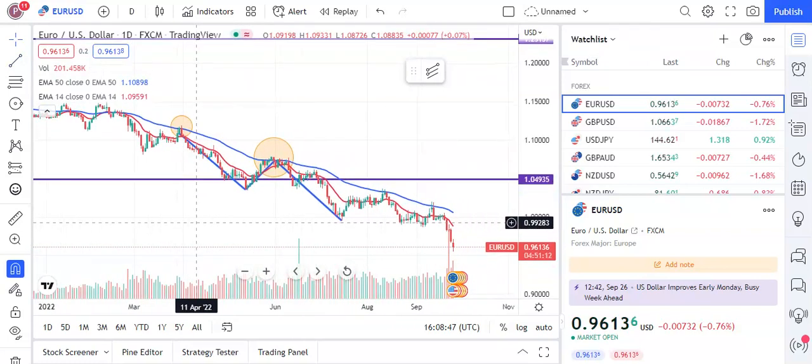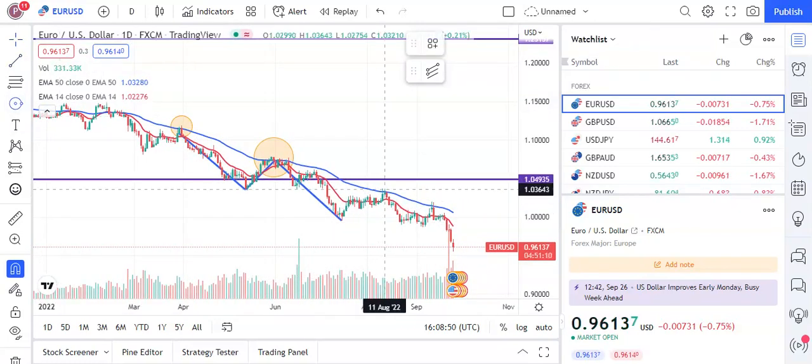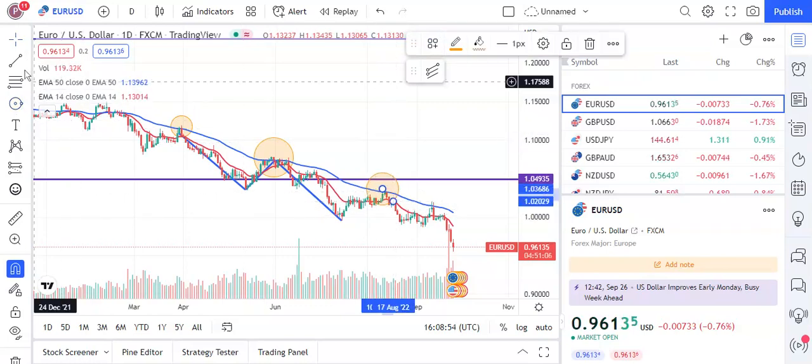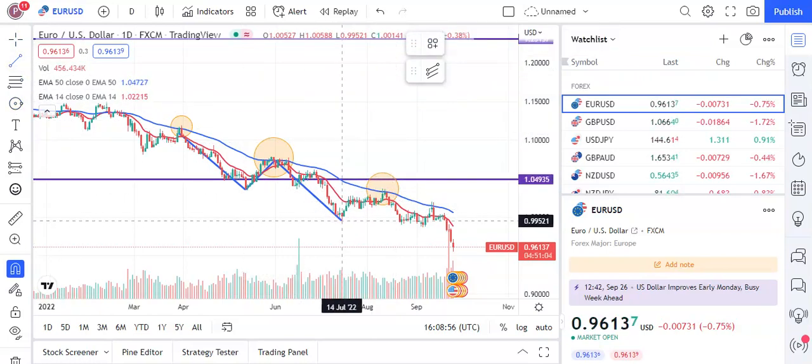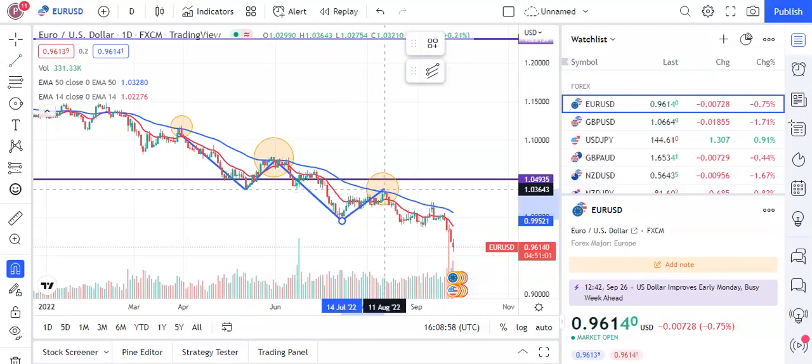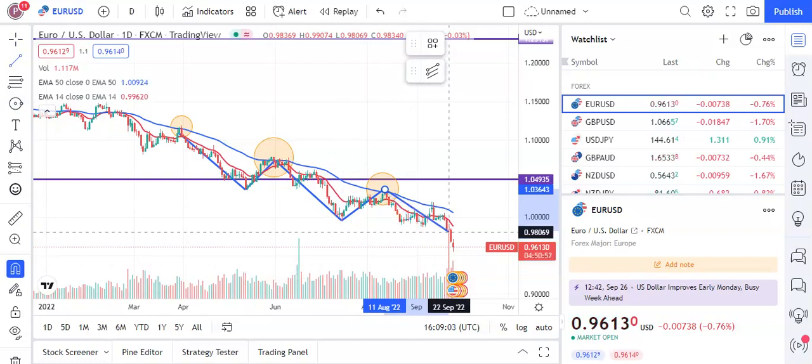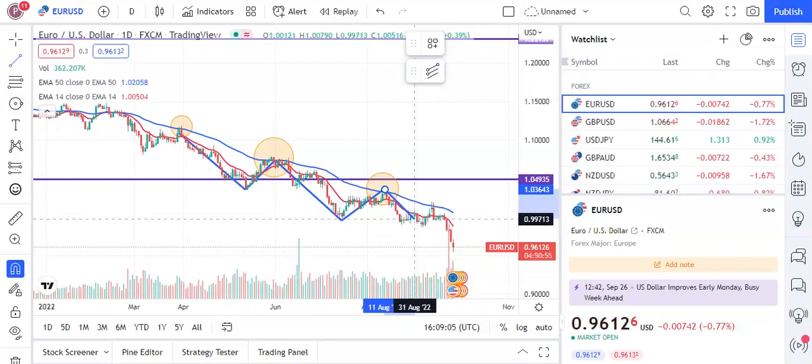Price got to this point and it pushed down. Right?